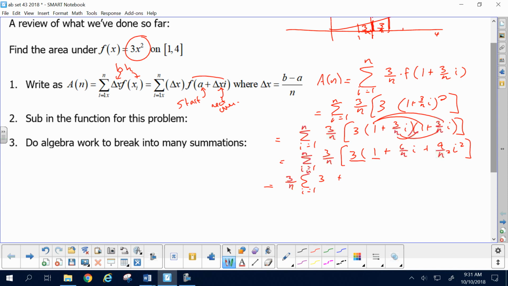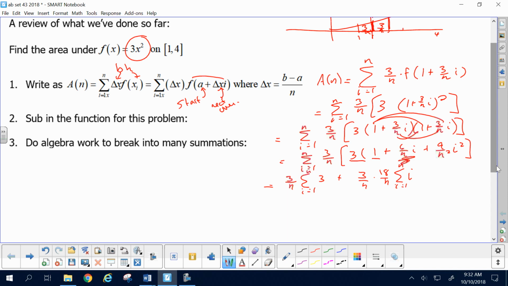Then I could write 3n times all the i kind of terms. Now, I took that 3 over n out, and I would also have 18 over n that I could take out. Are you with me? And what's left then inside the sum is just an i.